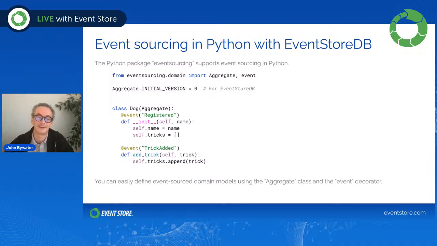Just for simplicity here, the example will use the Python package event sourcing, which supports event sourcing in Python with a range of persistence modules which encapsulate different event store options, and a domain module which supports a very concise syntax for expressing event sourced domain models.